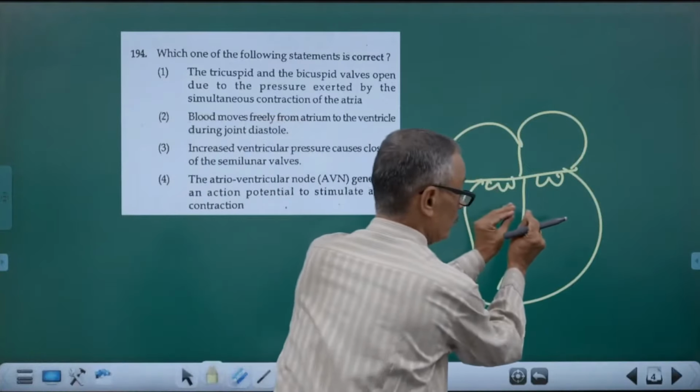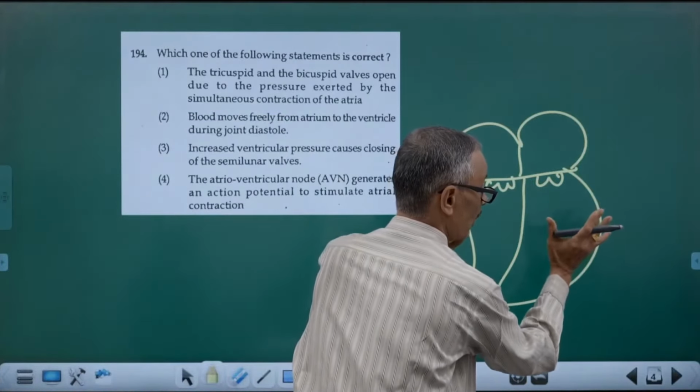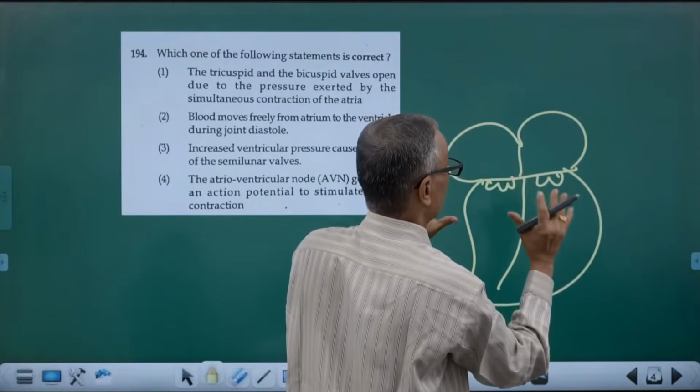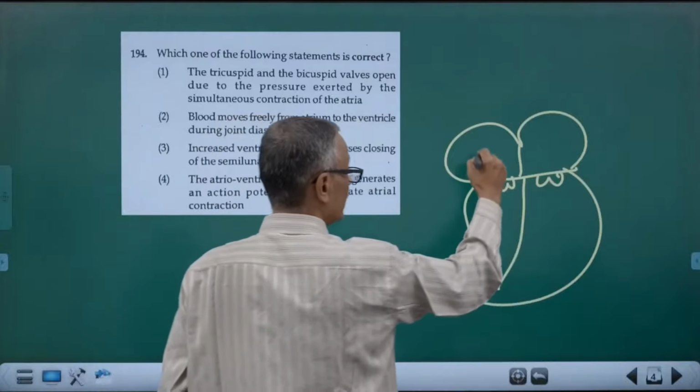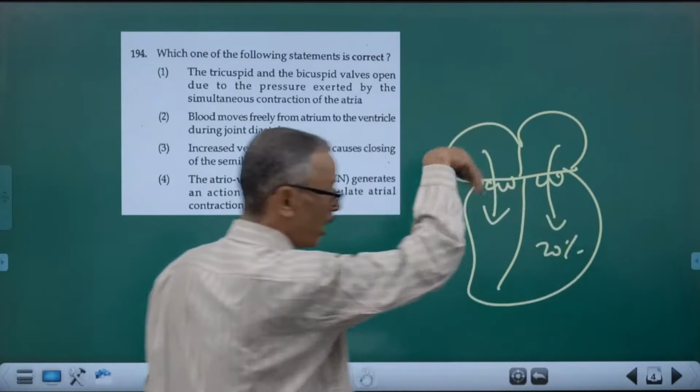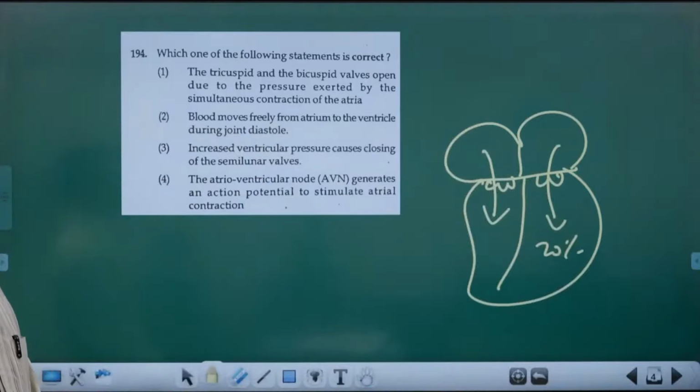open when the ventricles are coming back to the original size, diastole, so that 70% of the blood from the atria enters into the ventricle.